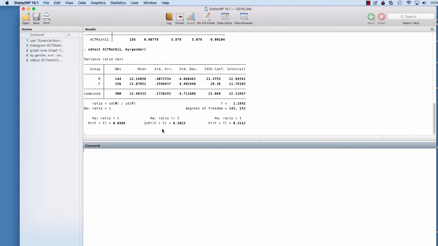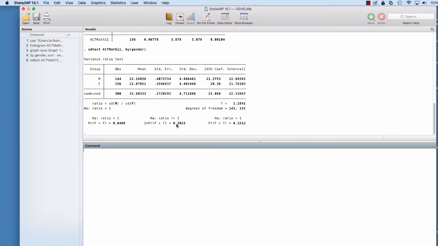And so what we're looking at is to see if these variances are significantly different. And when we look at the middle portion of this output, this is for a two-tailed test. We're not saying that the ratio between the male and female variances is greater than 1 or less than 1. We're just wanting to know, are they significantly different?